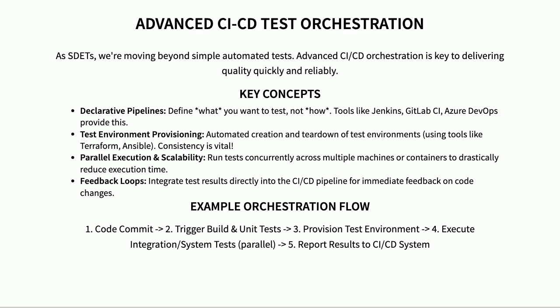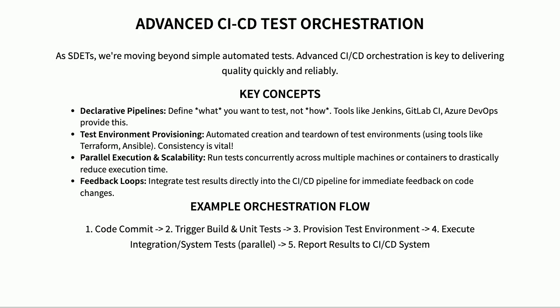Okay, let's talk about taking test automation to the next level, specifically how we orchestrate our CI/CD pipelines. It's not just about running tests, it's about creating a smooth, repeatable process that delivers quality consistently. We're moving away from scripting everything and embracing declarative pipelines, which focus on what needs testing rather than how.